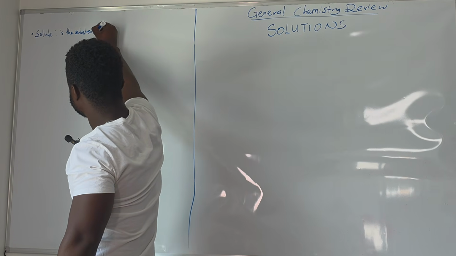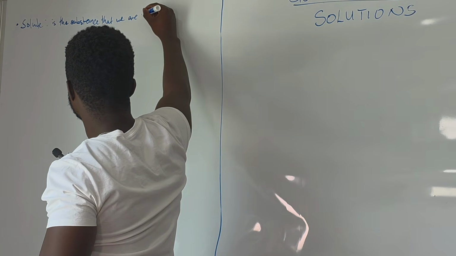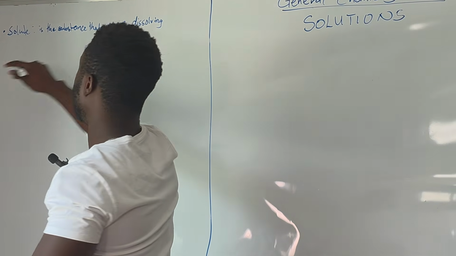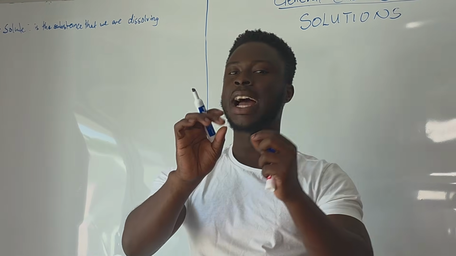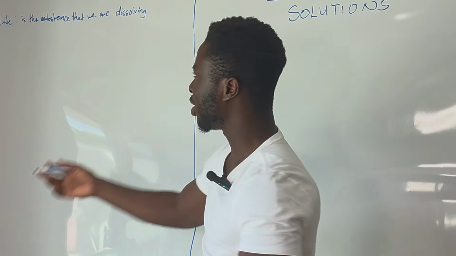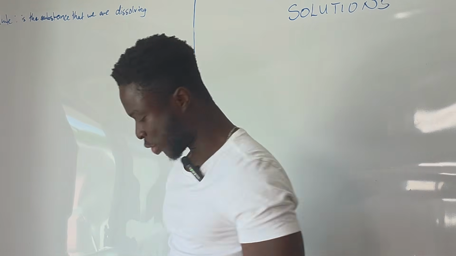A solute over here is the substance that we are dissolving, and it is usually in the lesser quantity, depending on how you're trying to measure it. If it's in grams, it is of fewer grams than the solvent.